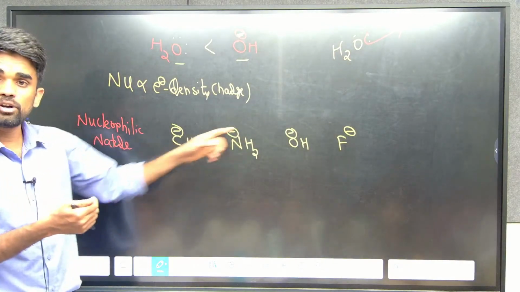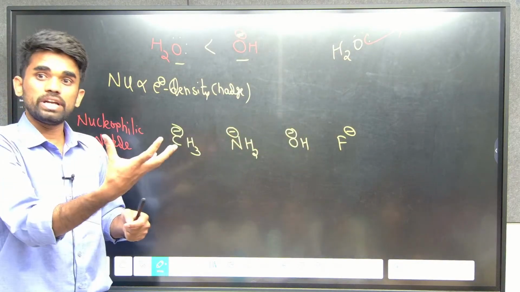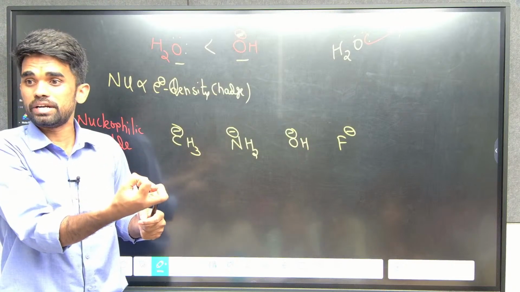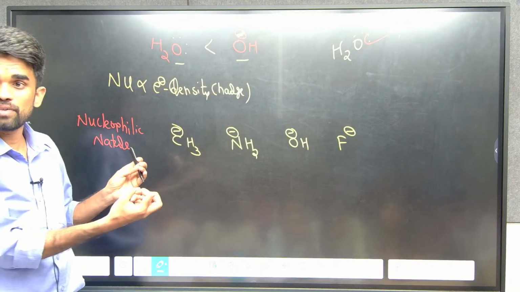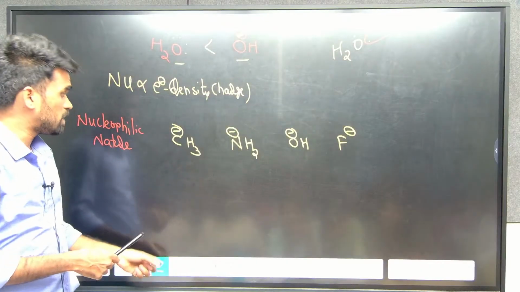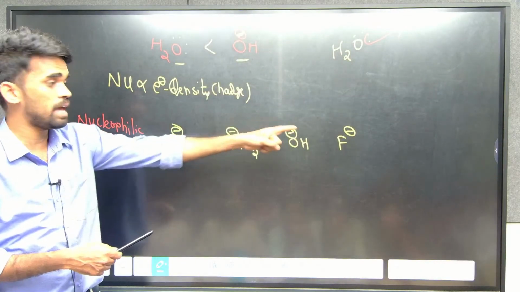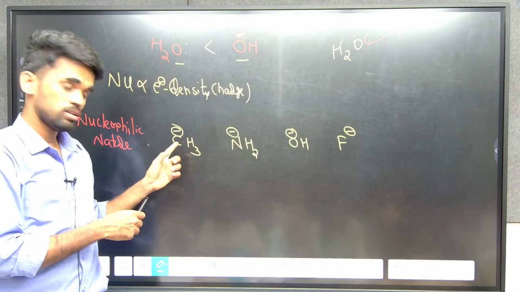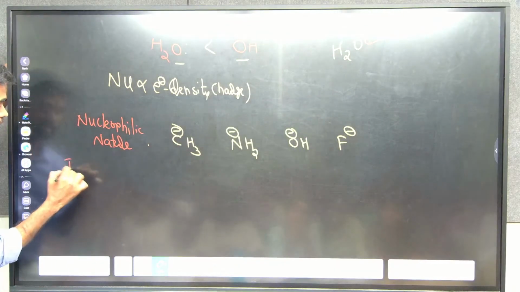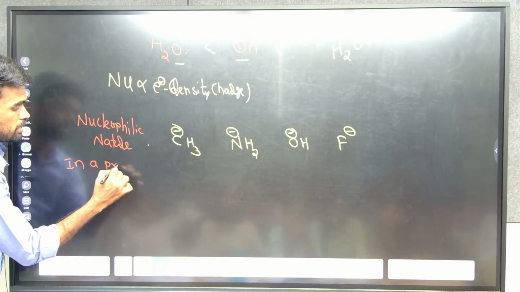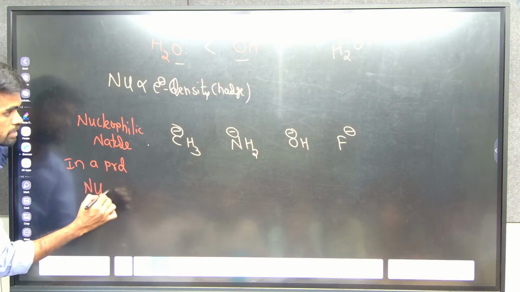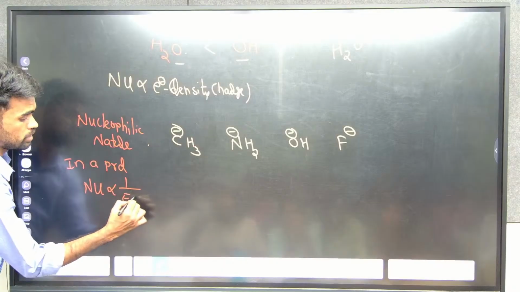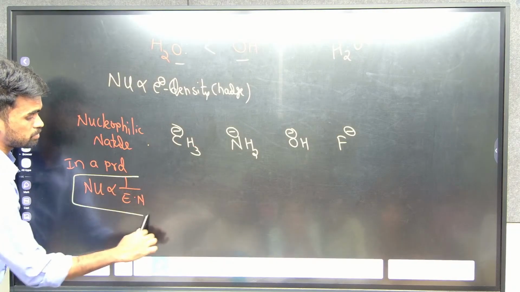So will they donate the electron? A more electronegative atom strongly holds the electron density. So which is the least electronegative atom in this? That will not hold the negative charge as effectively as fluorine does. So who can give electrons easily? Okay. So in a period, nucleophilic nature is inversely proportional to electronegativity, I am writing. Will you accept this statement?